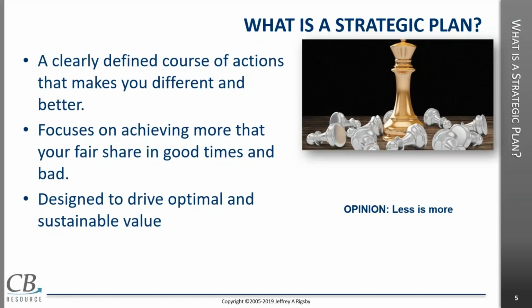A good strategic plan is a clearly defined course of action that defines how you're different or better, right? That's the purpose of a strategic plan. It should focus on achieving more than your fair share in good times and bad. So regardless of market conditions, your strategic plan is that kind of guiding light that says, this is our course of action to achieve optimal and sustainable value as we choose to define it.